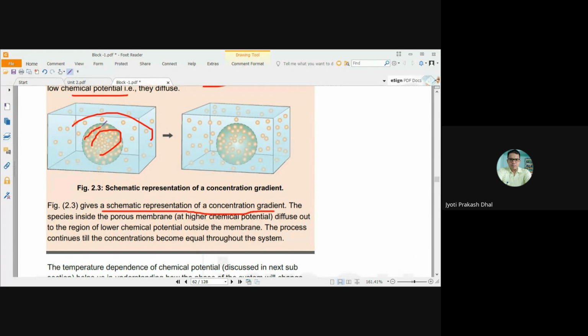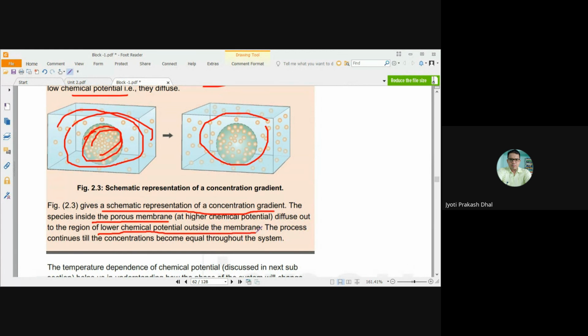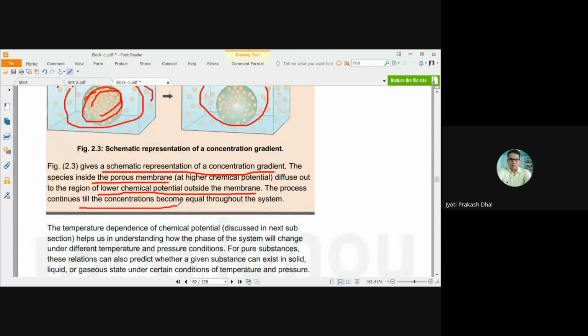You can see this is the drop where the concentration is more, and in the water the concentration is less. When the concentration remains the same, the chemical potential will be the same. The species inside the porous membrane diffuse out to the region of lower chemical potential outside the membrane. The process continues till the concentration becomes equal throughout the system.